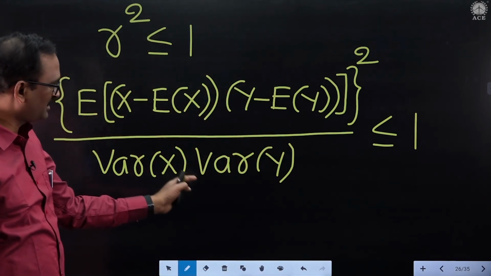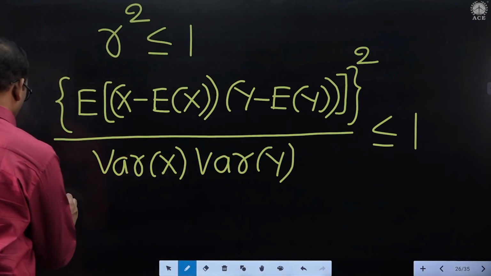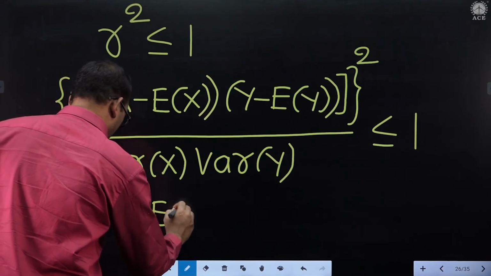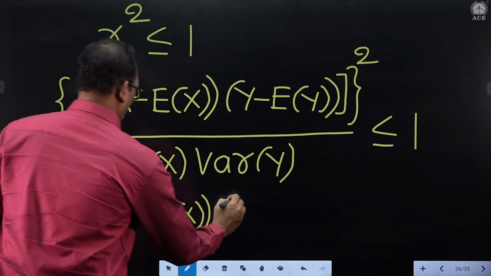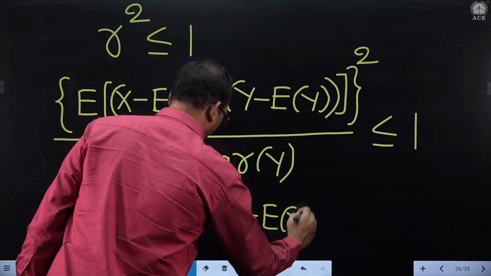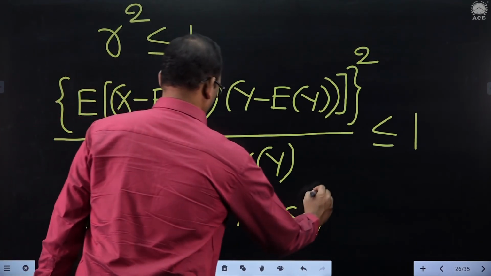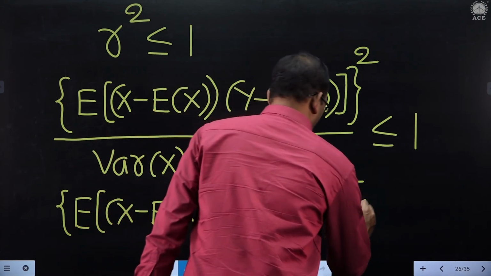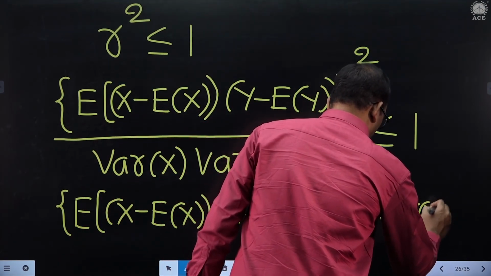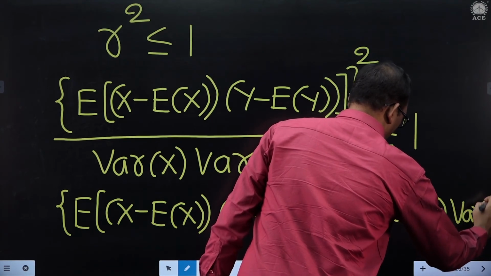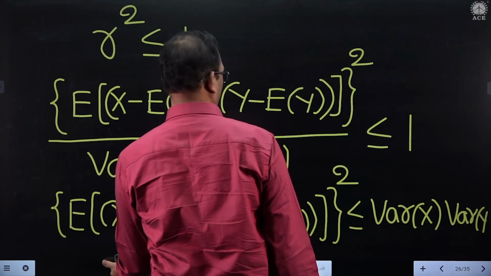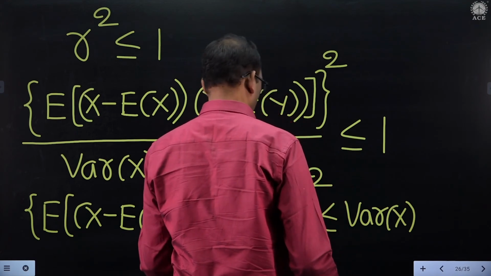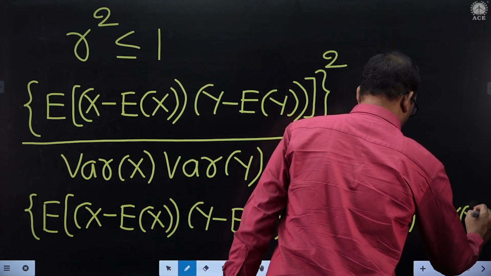By cross multiplication, it becomes expected value of (x minus E of x)(y minus E of y) whole square less than or equal to variance of x into variance of y.